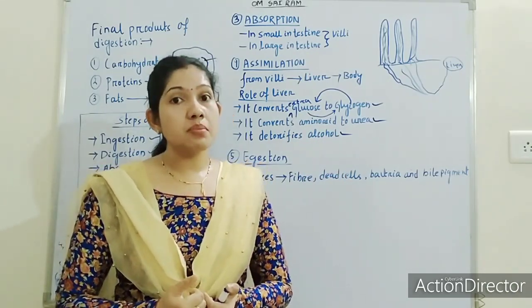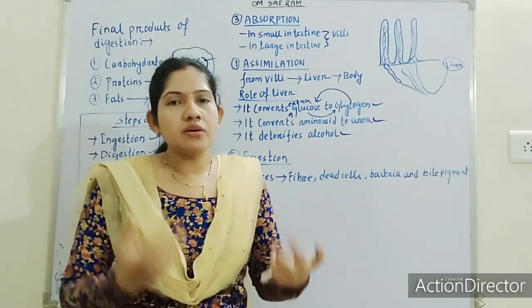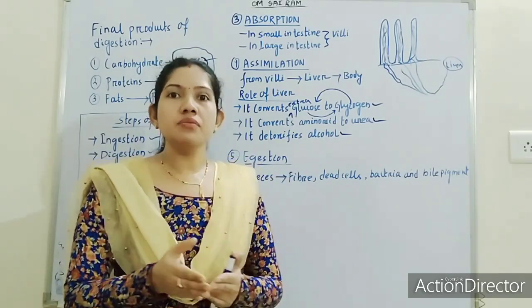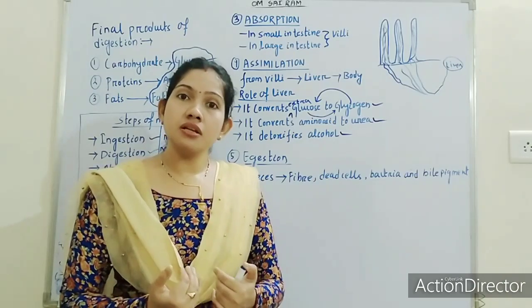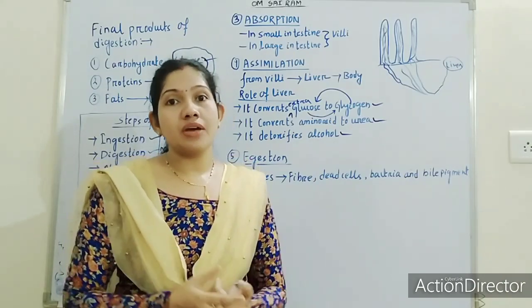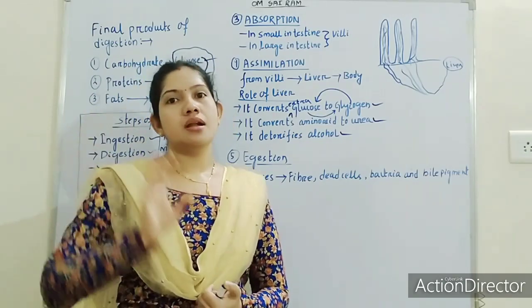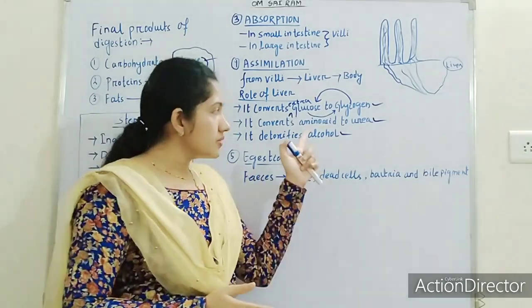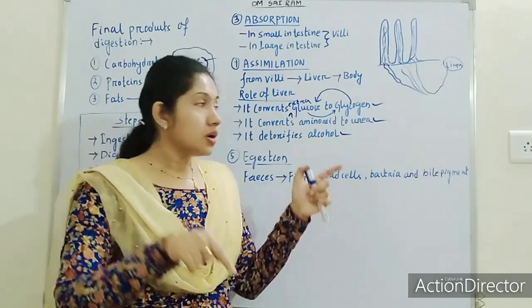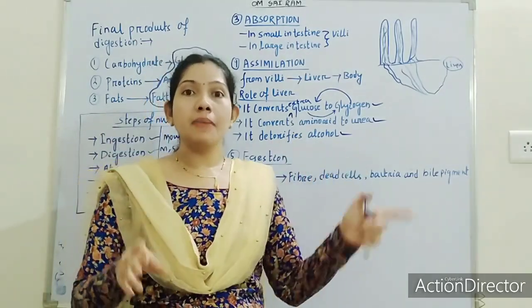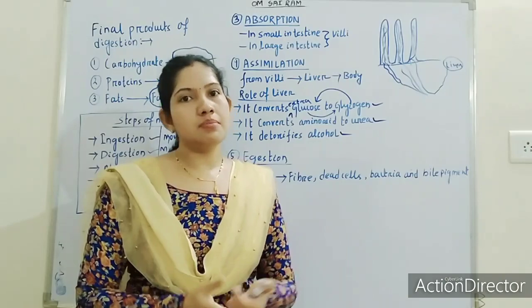If you use a machine more and more, then what will happen? One day will come when that machine will not be of any use, because you have already used it a number of times. Okay, so the liver is a machine to detoxify alcohol, but within its limitation.